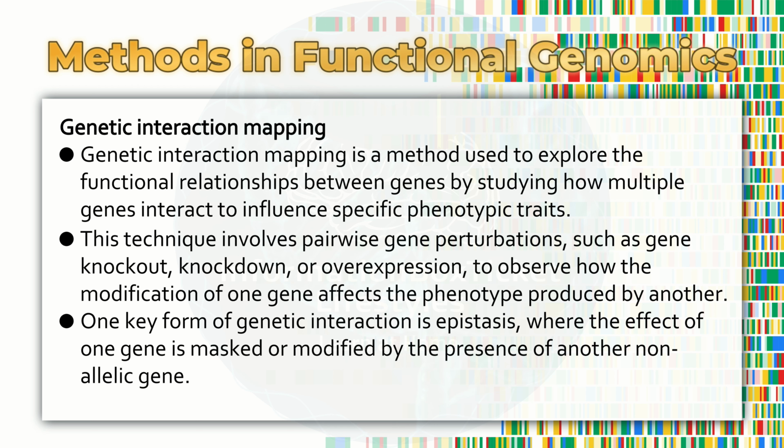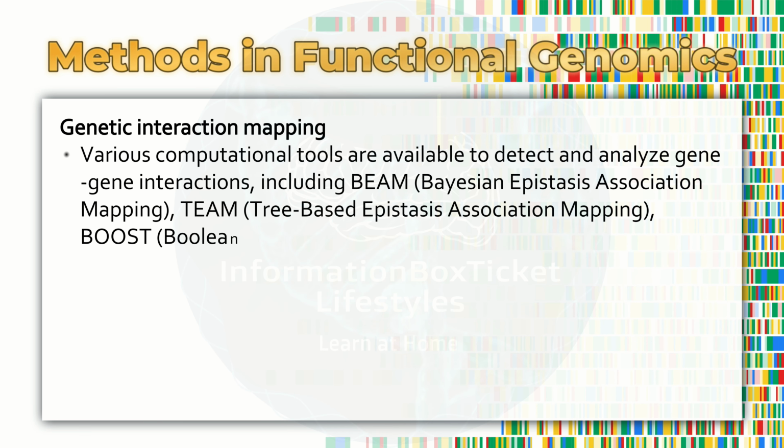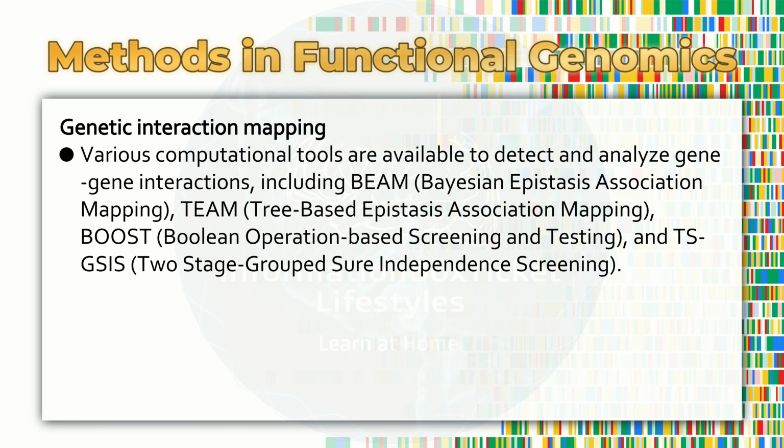One key form of genetic interaction is epistasis, where the effect of one gene is masked or modified by the presence of another non-allelic gene. Various computational tools are available to detect and analyze gene-gene interactions, including BEAM, Bayesian Epistasis Association Mapping, TEAM, Tree-Based Epistasis Association Mapping, BOOST, Boolean Operation-Based Screening and Testing, and TSGSIS, Two-Stage Grouped Sure Independence Screening.